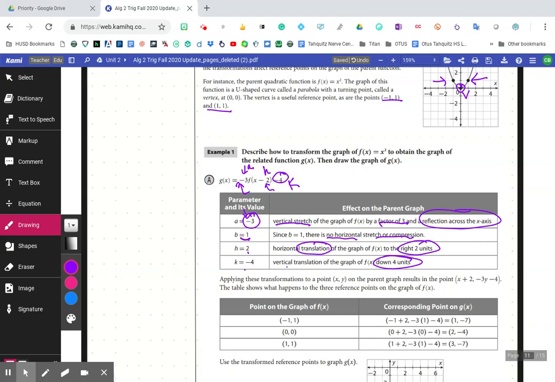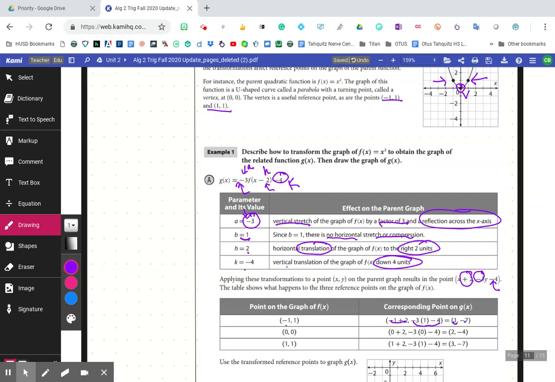What they basically did was add 2 to the x, then multiply the y by -3 and then subtract 4. So when I add 2 to -1, I get 1. Then when I multiply by -3 and subtract 4, I get -7.